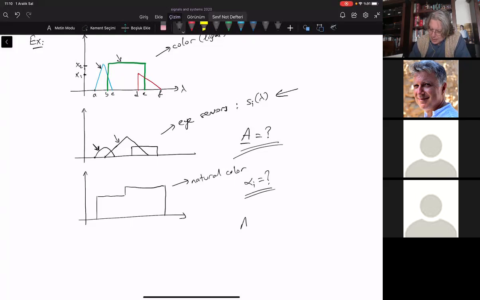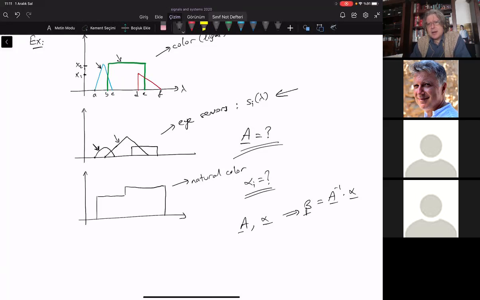If you have A and alpha, if these are given to you, then you're supposed to find what is beta. Beta is A inverse times alpha. And then I will ask you to discuss your observation. What could be the discussion?